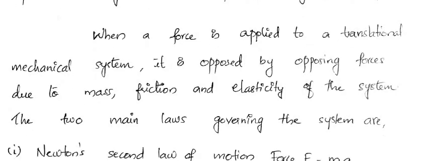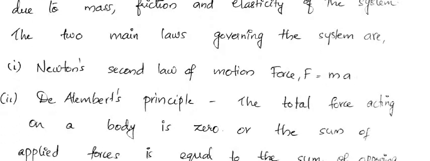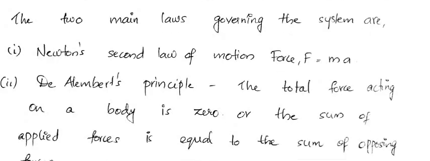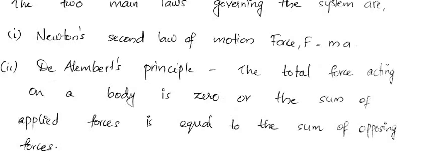Okay, so that principle or law is important in our system. Newton's second law of motion states that force F is equal to mass into acceleration, F equal to ma. And the second principle or law is D'Alembert's principle, which states that the sum of applied forces is equal to the sum of opposing forces, or the total force acting on a body is zero.